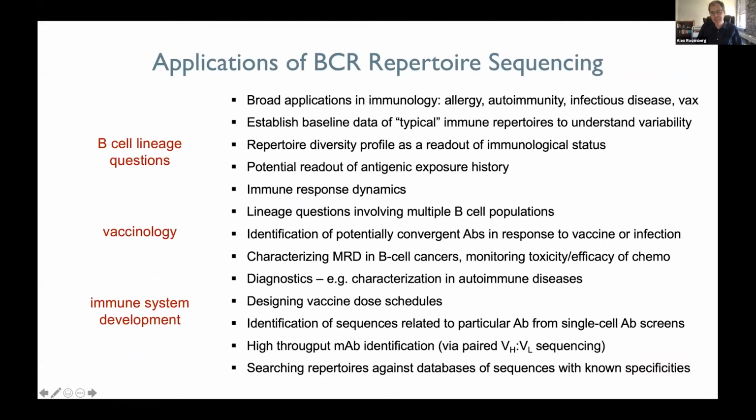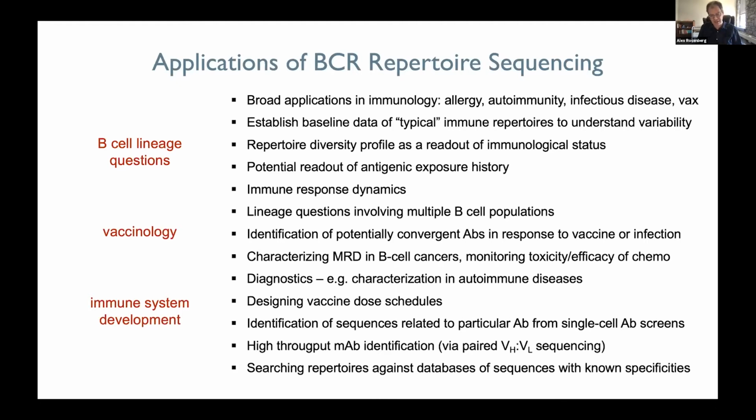Now, there are many applications for this technology. As I mentioned, it's essentially RNA-seq applied to immunoglobulin genes on B cells. Without reading all of these, I can say that this approach is very useful for understanding fundamental lineage questions in B-cell biology, about fate decisions and transforming from one cell type to another. It's also very useful in vaccinology.